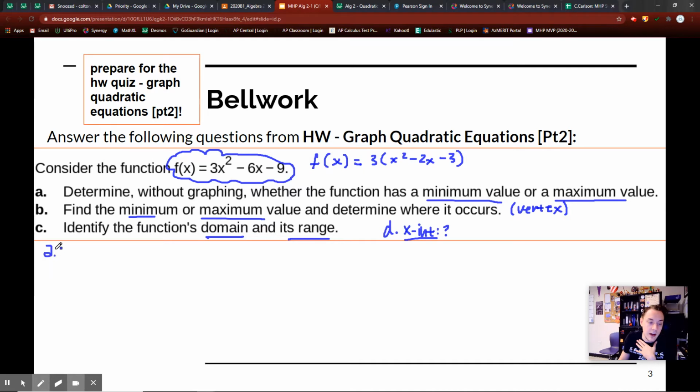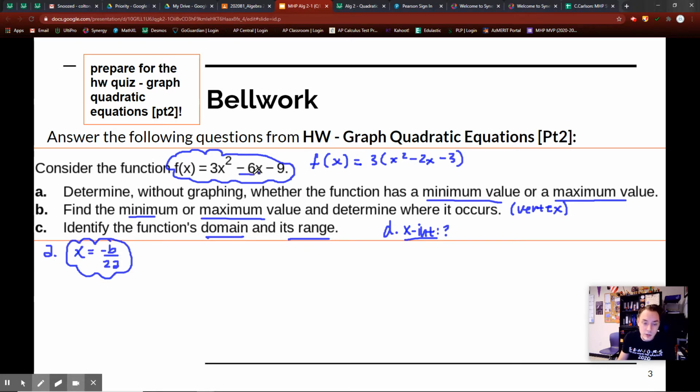So for A, if I want to find the min or max value, I need to find my vertex. So the first thing is I want to use my formula, negative b all over 2a. This is the formula that I use to find the x-coordinate of my vertex when it is in standard form. Could I technically put this in vertex form by completing the square? Yes, I could. I just don't want to. So what's my b?